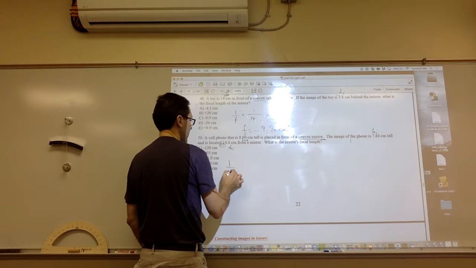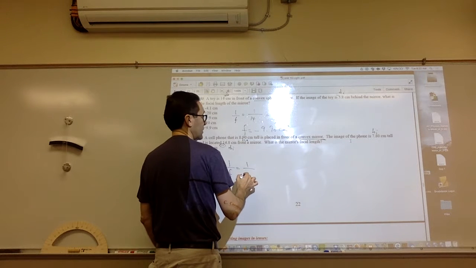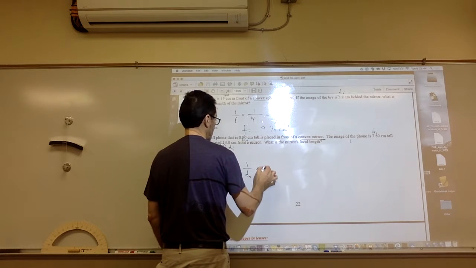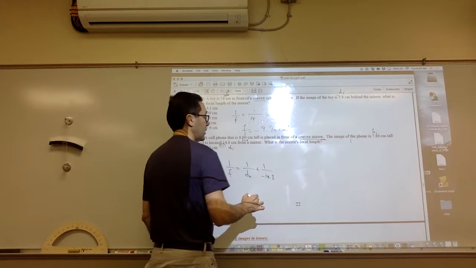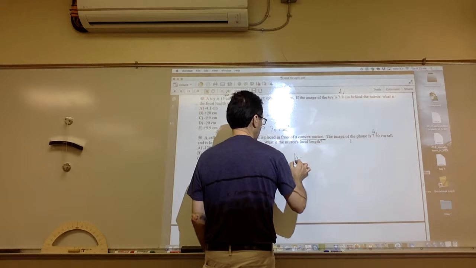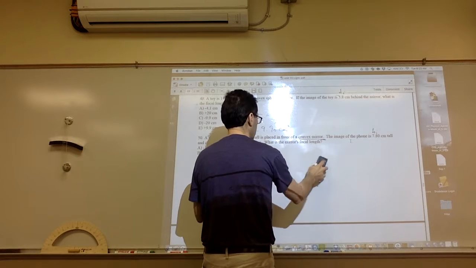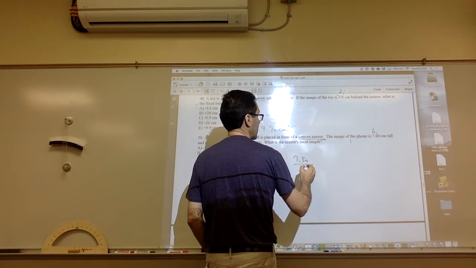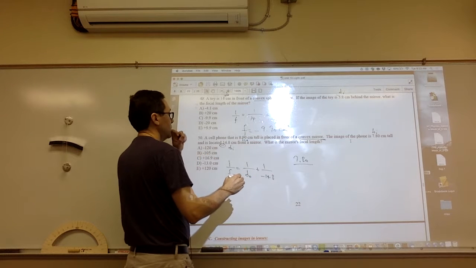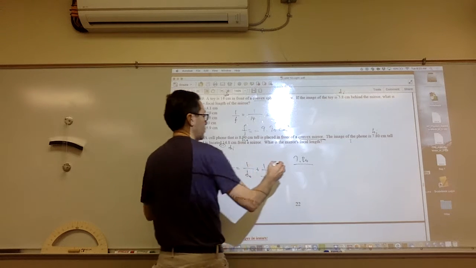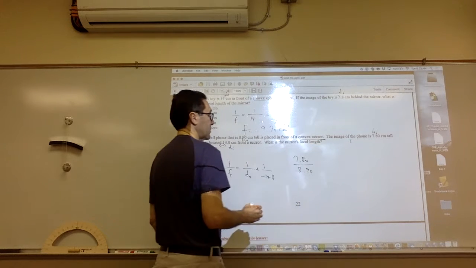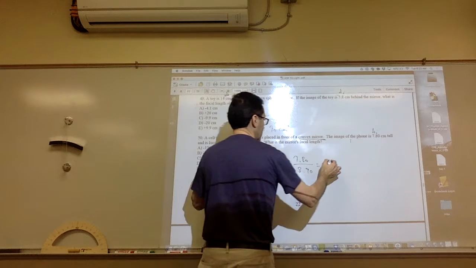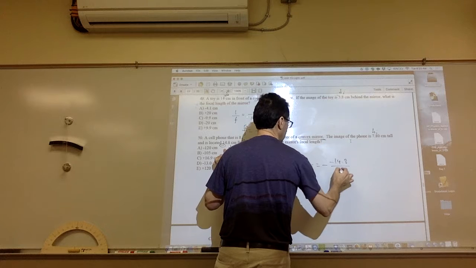So let's start it. So 1 over f equals 1 over do, which we don't have, plus 1 over di. So now we have to go to this formula, hi over ho. So 7.8 over ho, which is 8.9, and they're both positive because it's going to be a virtual upright image, equals negative di, which is negative 14.8 over do.